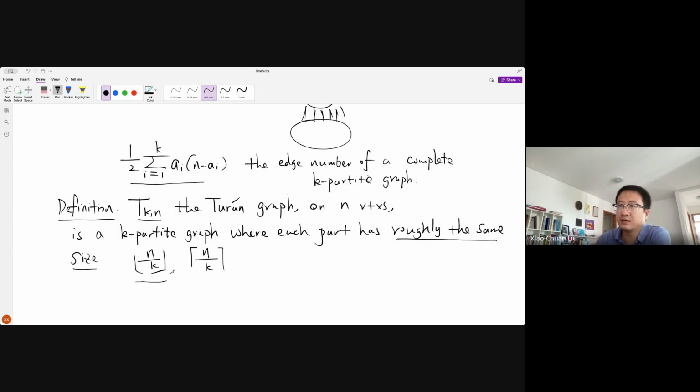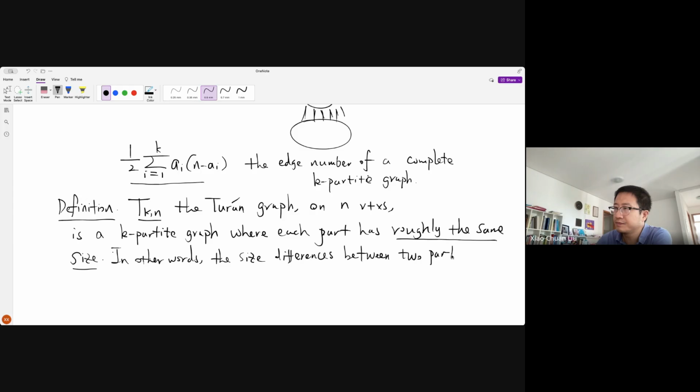Let me say in other words, the size difference between two parts is at most one.